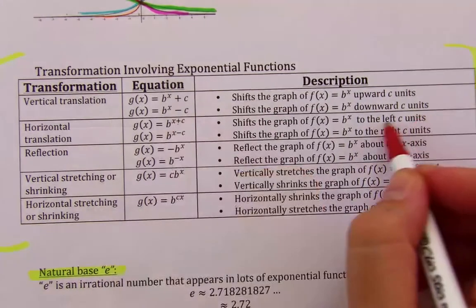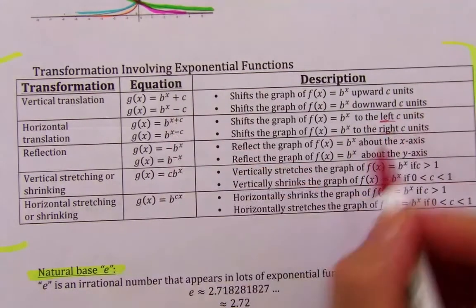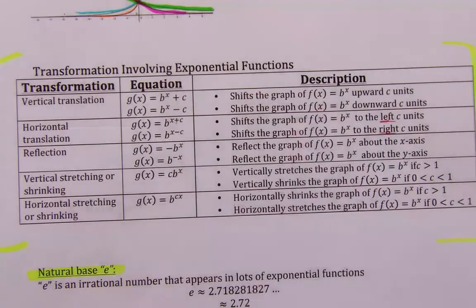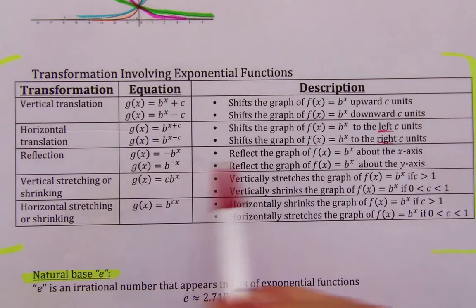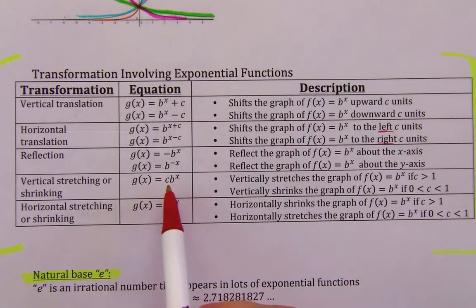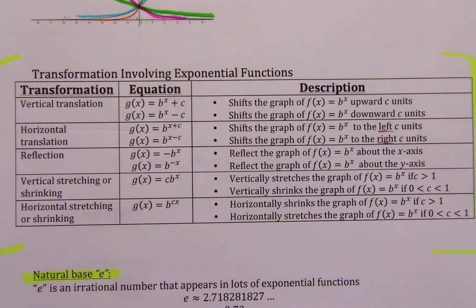So if it's a plus, it's left. If it's a minus, it's right, and vice versa for the vertical shift. The reflection, if we have a negative out front, it reflects across the x-axis. Inside, it reflects across the y-axis. We can stretch or shrink it with a value out front and stretch or shrink it horizontally with a value inside the exponent. So that should all be familiar.